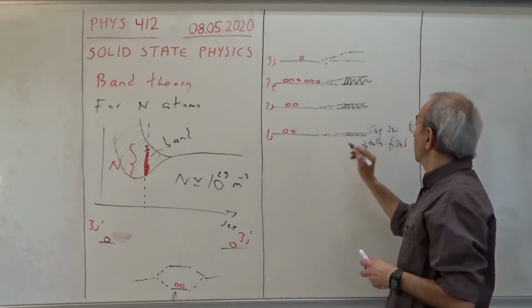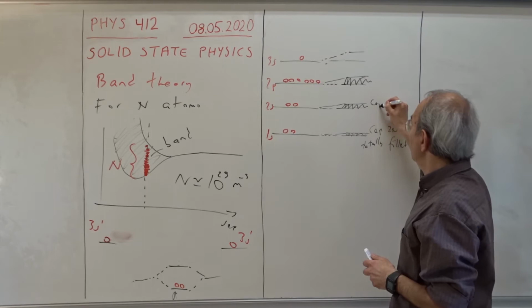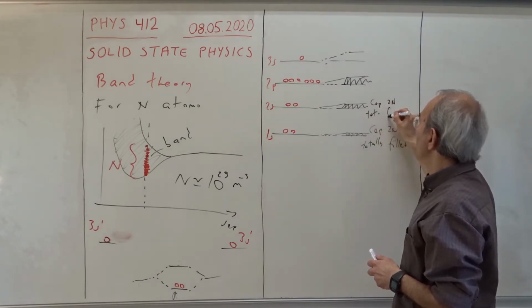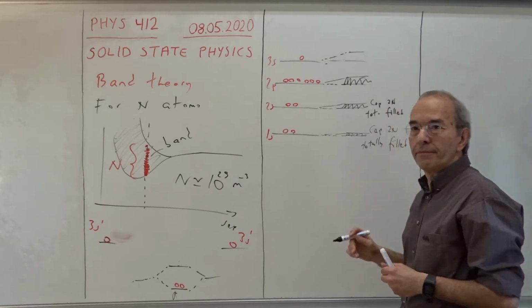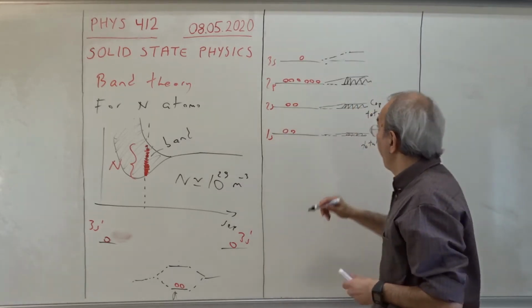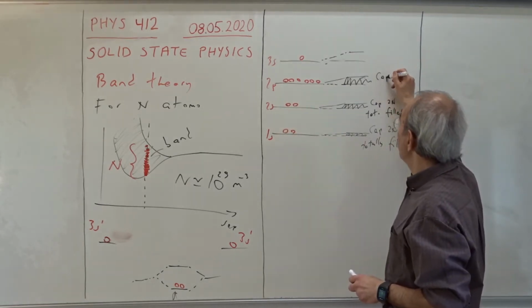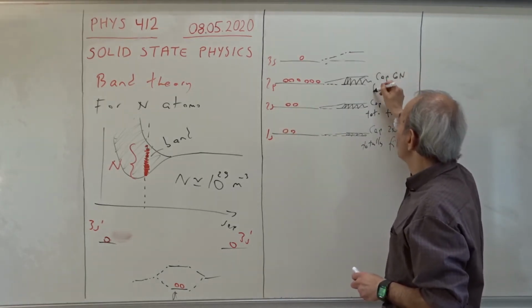For the 2s, capacity 2n, totally filled. In the case of 2p, capacity 6n, totally filled.